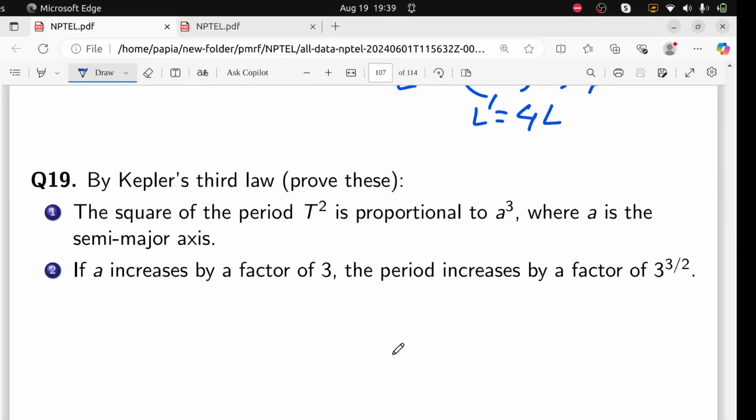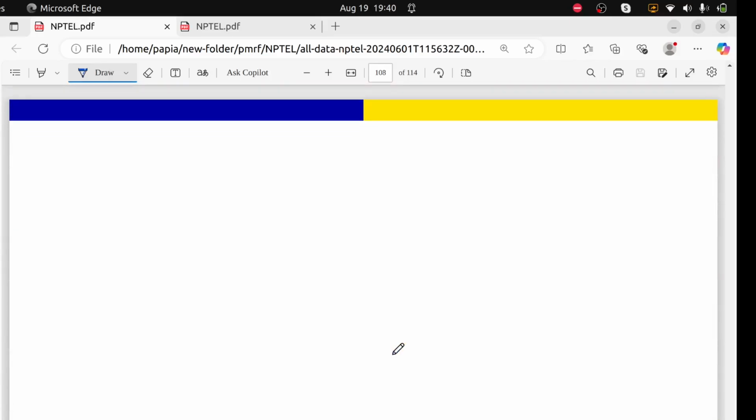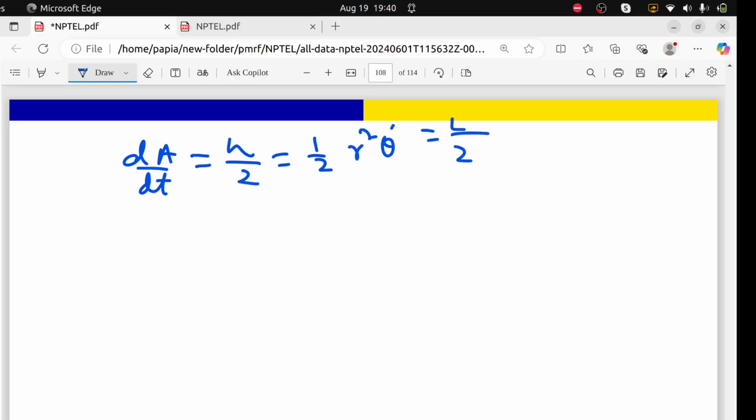Okay. By Kepler's third law, the square of the period T square is equal to a cube, where a is the semi-major axis. That one we have already proved in that SAS lecture, but still we can do it here as well. For this case, dA/dt is h by 2, which is half r square theta dot, L by 2m.